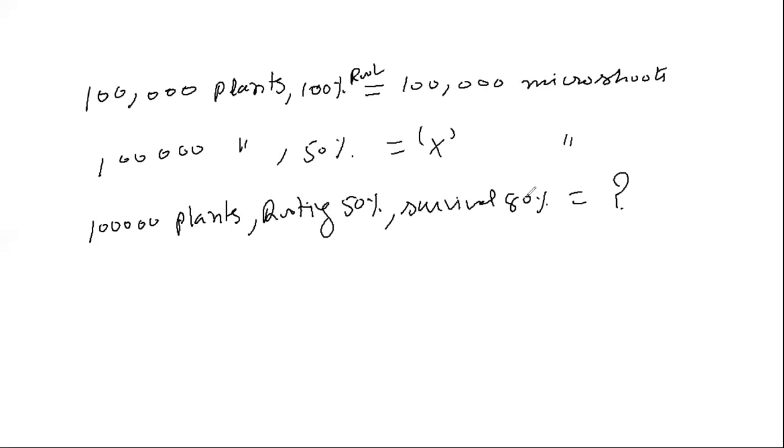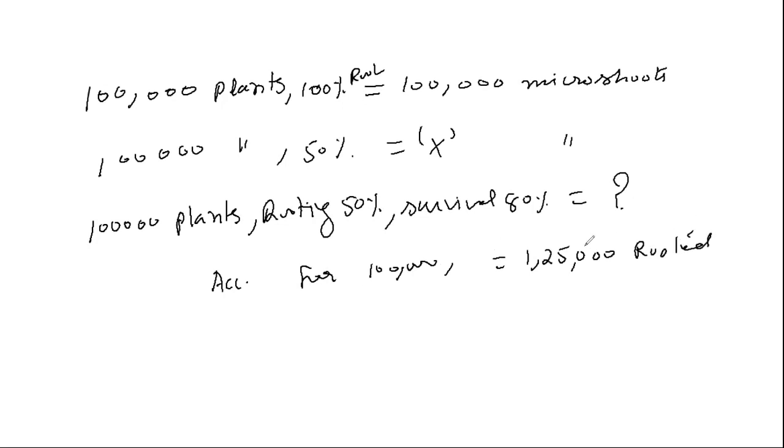Now let us move in reverse. In order to get one lakh plants, we require how many? 1,25,000 rooted plants. So for hardening, for acclimatization, for one lakh plants, we require 1,25,000 rooted plants.